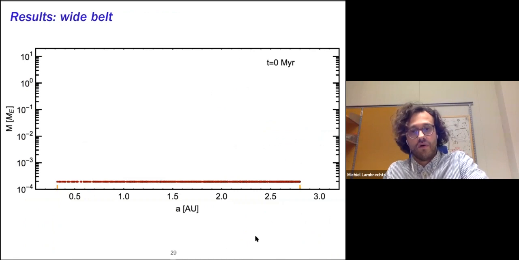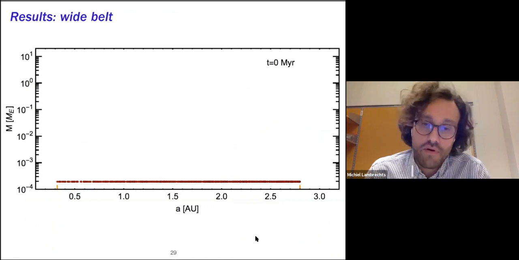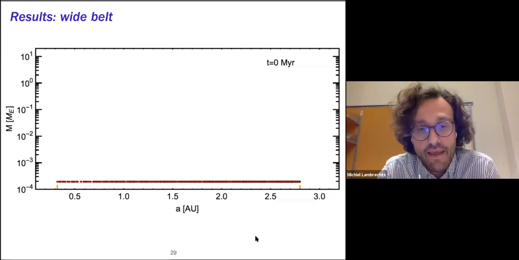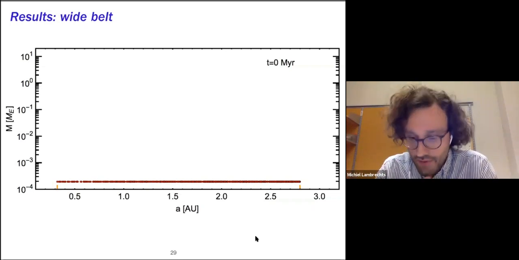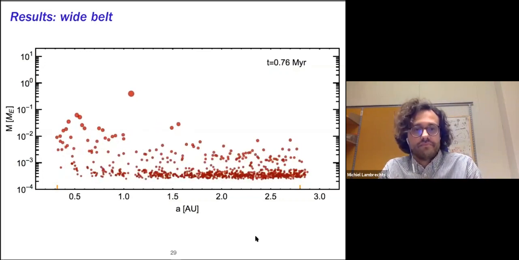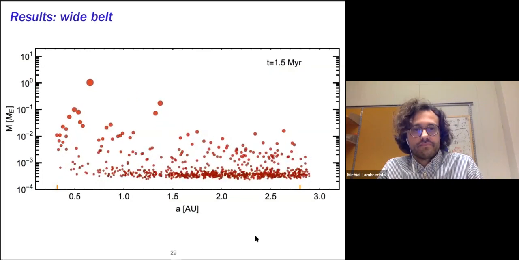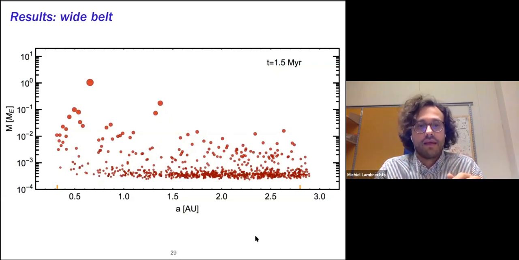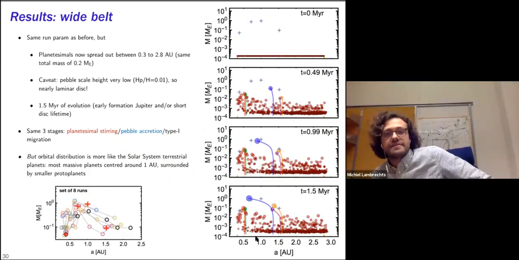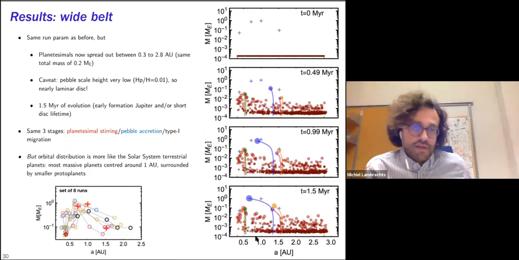Okay, so that's why we explore another scenario, this wide belt case, and we'll see if this does any better. So I'll play the movie. Okay, so this is what it looks like in this case. This is a simulation with essentially the same parameters as before, but a few things are different, right?